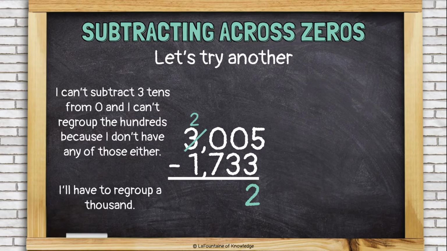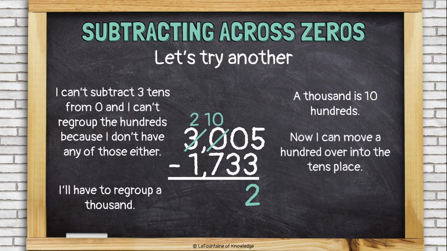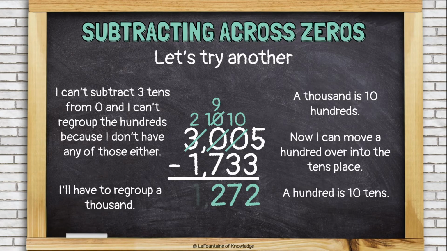And when I move 1,000 over into the hundreds place, that's 10 hundreds. Now I can take away one of those hundreds and move it over into the tens place. 100 is 10 tens. Now I can subtract. 10 minus 3 is 7, 9 minus 7 is 2, and 2 minus 1 is 1.